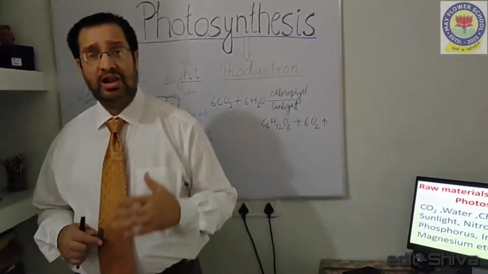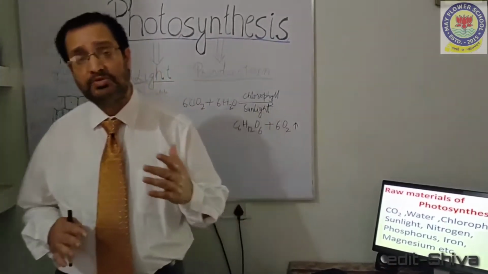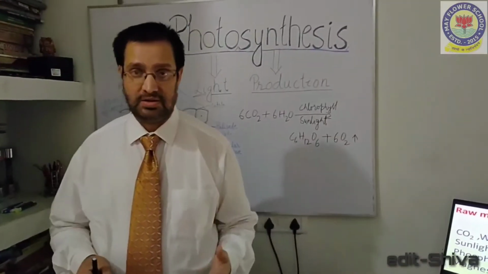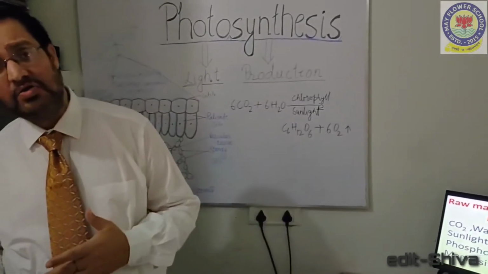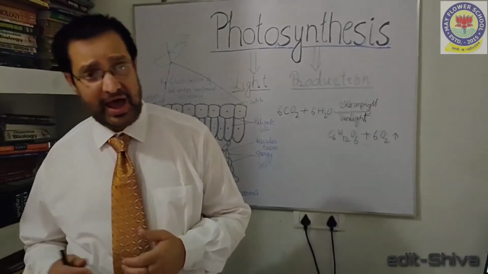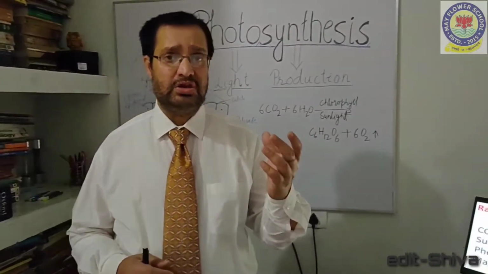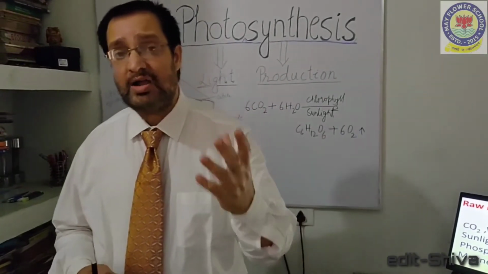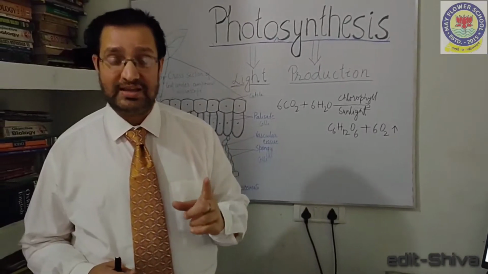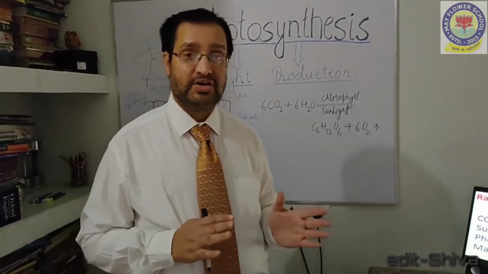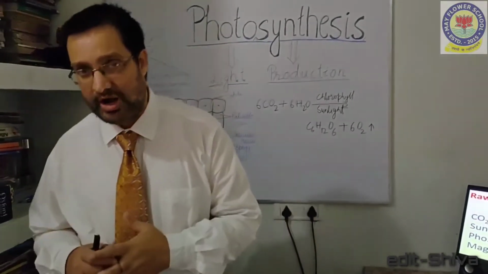First of all, light energy is absorbed by chlorophyll. Second, light energy is converted into chemical energy, and water molecule is split into hydrogen and oxygen. And third event is the reduction of carbon dioxide into carbohydrate.